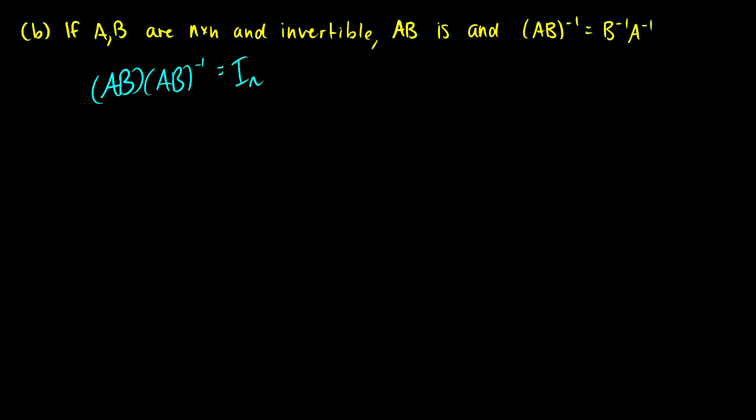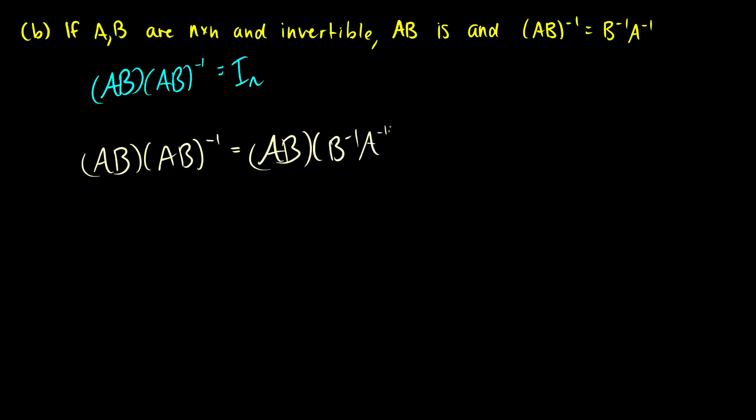So we're going to substitute in B inverse A inverse for AB inverse and show that we still get the same result. So that's what we'll do. So we're going to take AB, multiply by AB inverse, and we'll show that this equals the identity matrix. So this is the same thing as AB, and let's substitute in what we think our inverse is. So AB inverse is equal to B inverse A inverse.